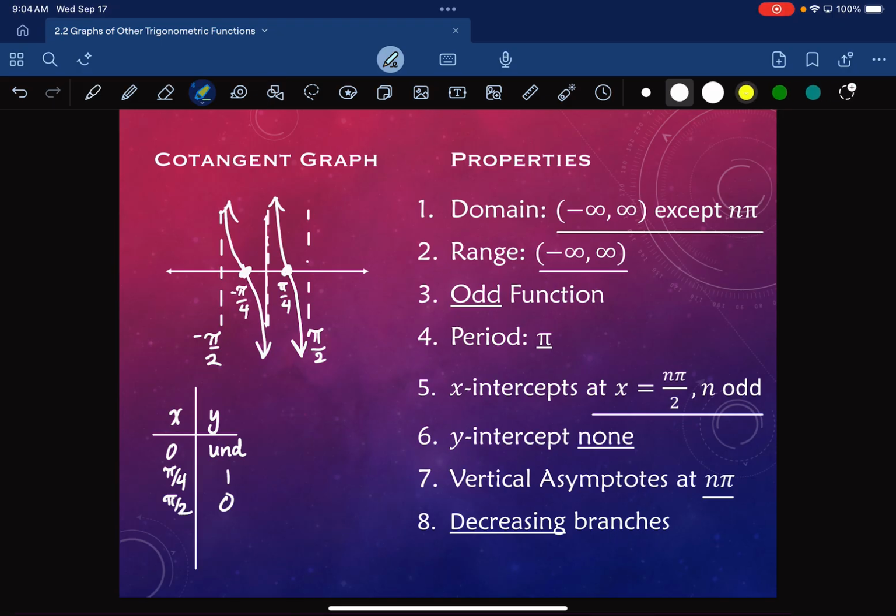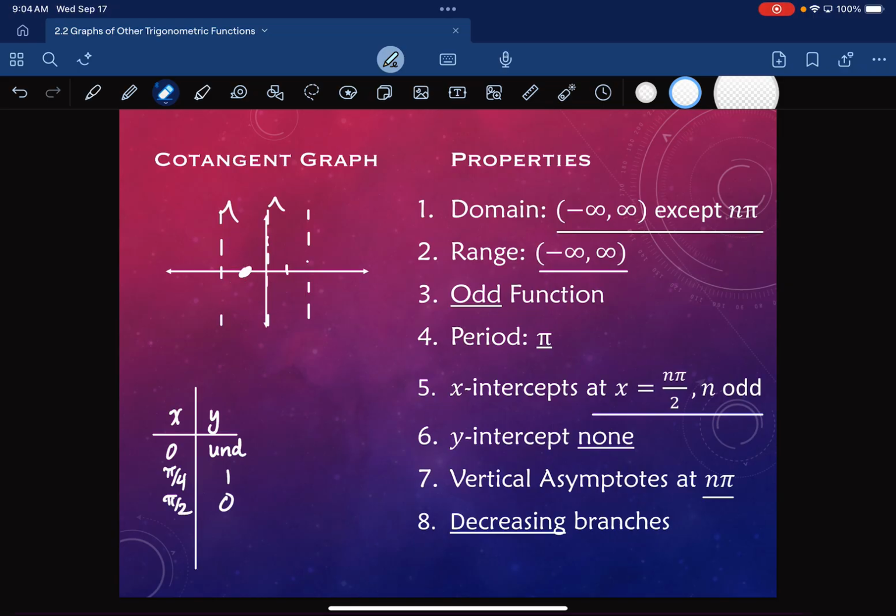The only thing that's wrong here is my labels. The image is correct. I just have my labels wrong. So this is at pi and negative pi. These are pi halves. So sorry.